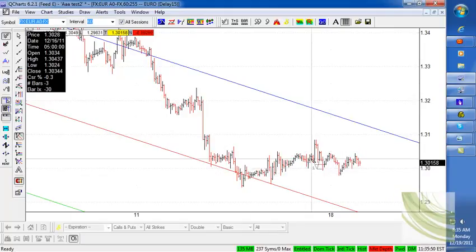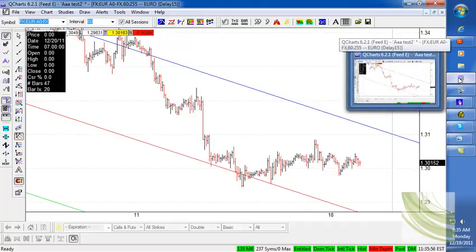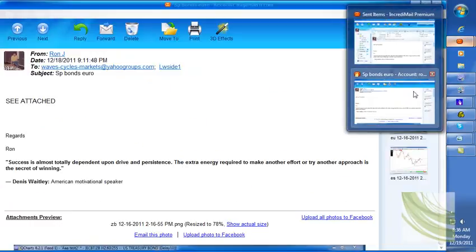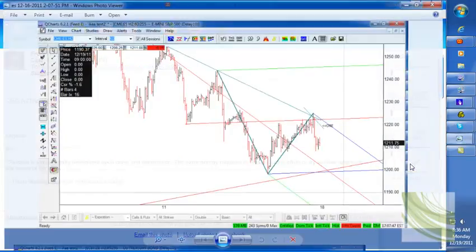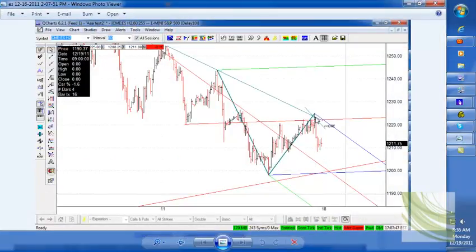Now let's move on to ES, the stock market. Let's see, what do we have? Where was our ORE point in the stock market? In the ES we had it right over here.